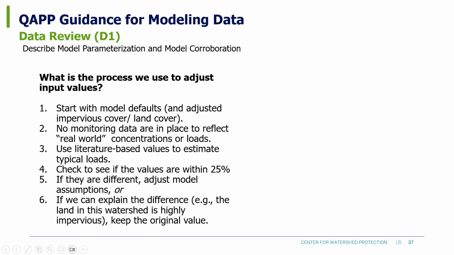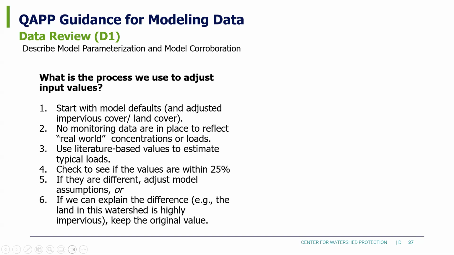Say, okay, we're going to start with our model defaults. We're not going to have in-stream data that's going to allow us to tweak the model bit by bit. So we're going to use our literature-based values to estimate our typical loads.